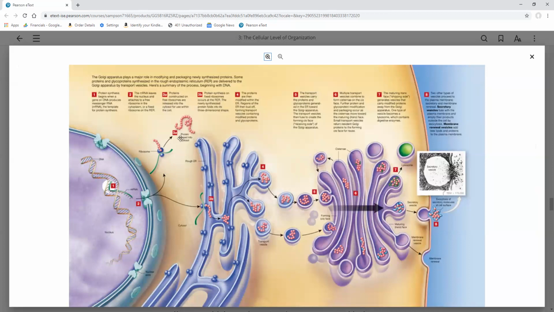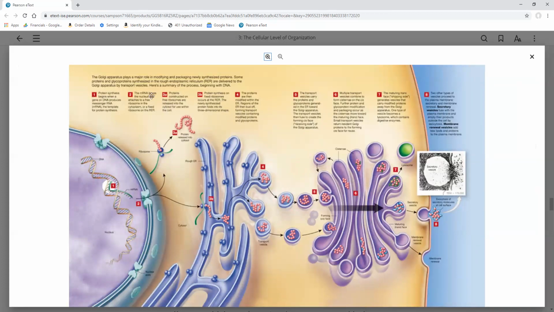Okay, so now, of course, this protein from this free ribosome is for this cell. And then the fixed ribosomes on the ER send it into the ER, where the rough ER then modifies it. Then it pinches off a little vesicle, which transports it to the Golgi, which then makes, as you see here, digestive enzymes or lysosomal enzymes, or it's a secretory vesicle, which then releases it through exocytosis out of the cell.